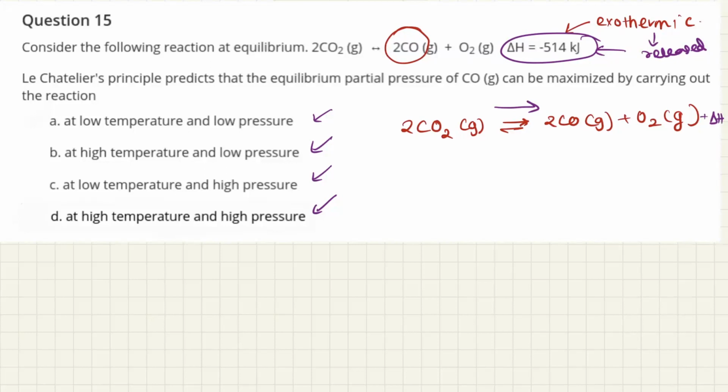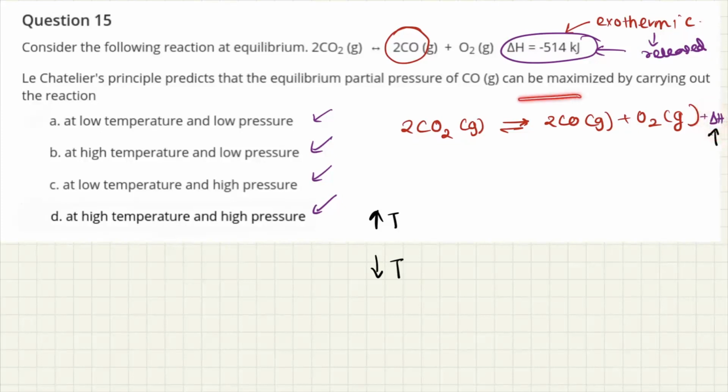Okay, so now, when we are increasing our temperature, let's see what happens when we increase temperature and what happens when we decrease the temperature. So when we increase the temperature, that means we are increasing this delta H, right? So if we are increasing this delta H, that means the reaction wants to lower it.